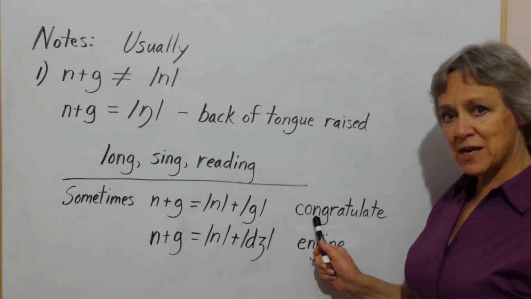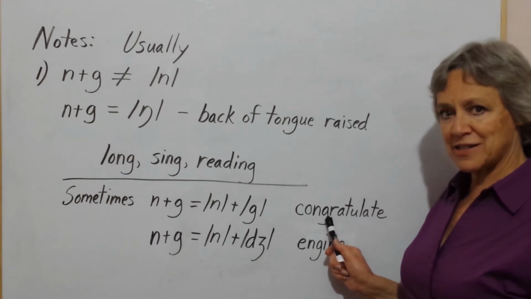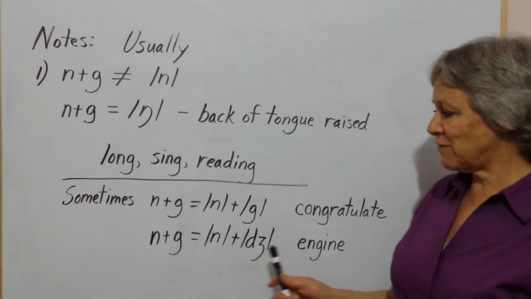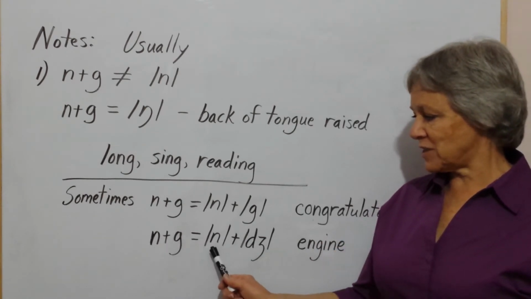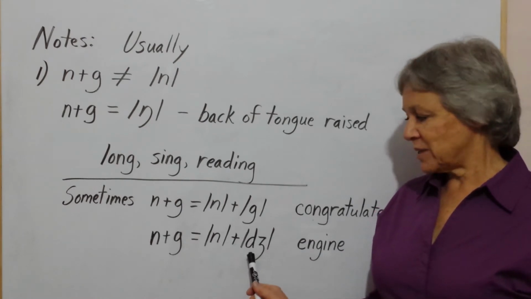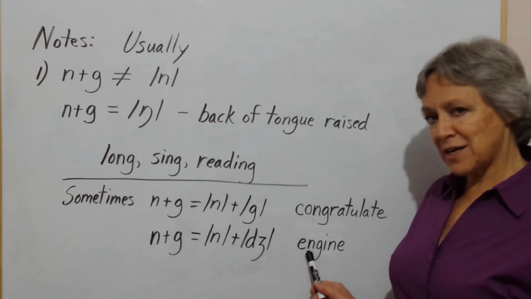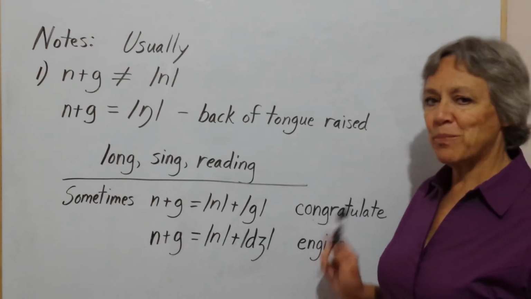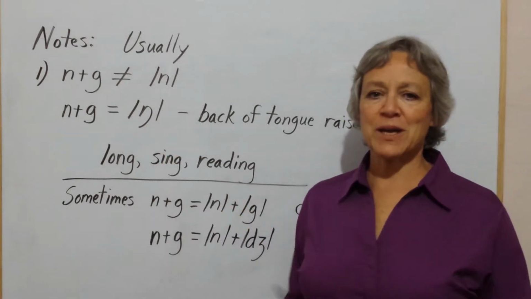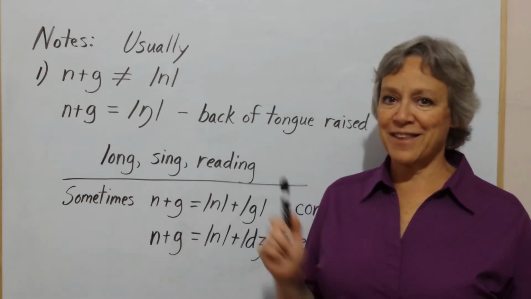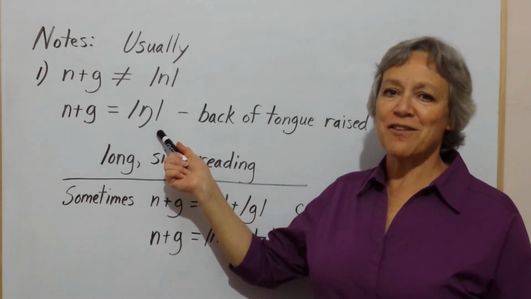We have N, and we have a G sound here. And in a few other words, N plus G gives us N plus J, as in the word engine. N and J. But most of the time, we get ng, and that is the subject of another video.